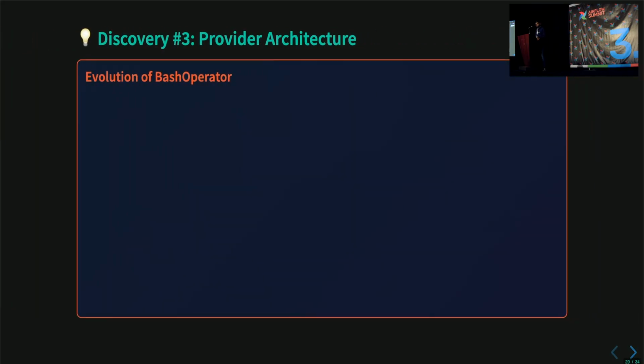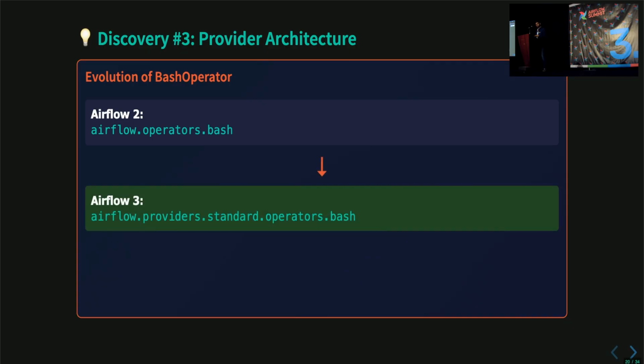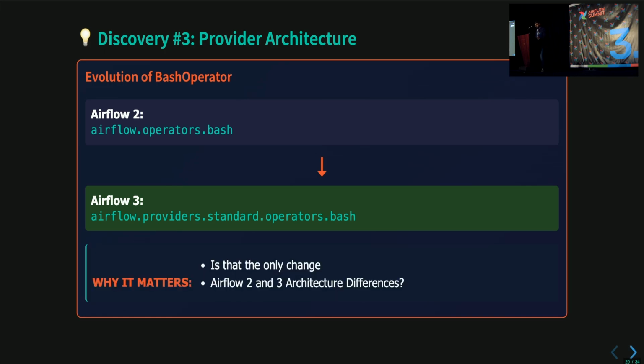Keep going further. What do we see in the current architecture? One thing we know is from Airflow 2 to Airflow 3, the way we import things keeps on changing. And if we are old enough, a few of us here, from Airflow 1 to Airflow 2, we went through this process already, and now we want to go through it one more time, but that's the nature of the thing.